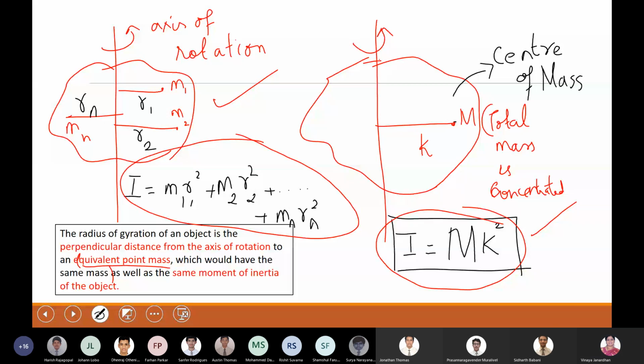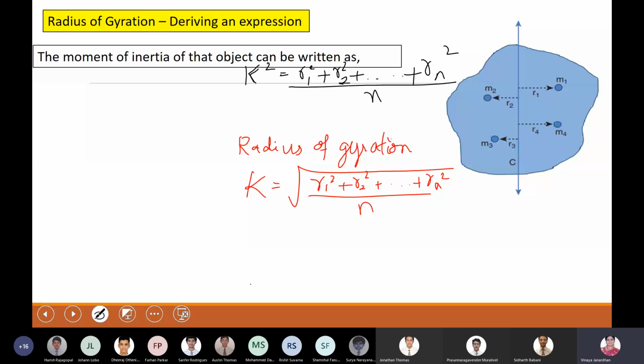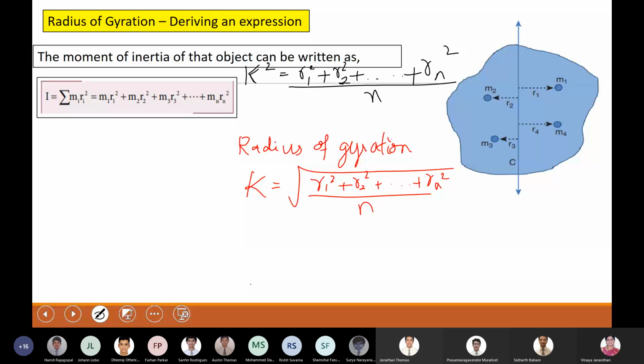Now let us derive an expression for the radius of gyration, right boys? We'll start with this. What is the moment of inertia of any body? I is equal to m1 r1 squared.